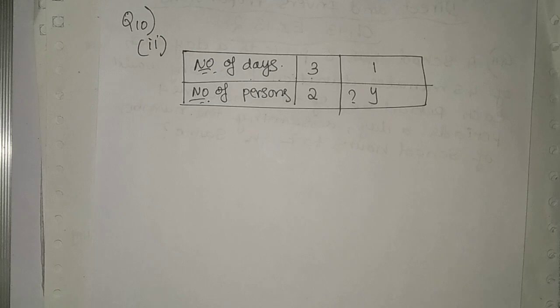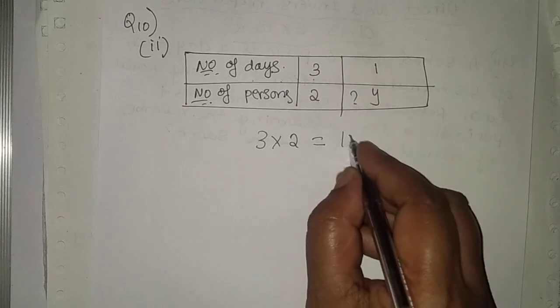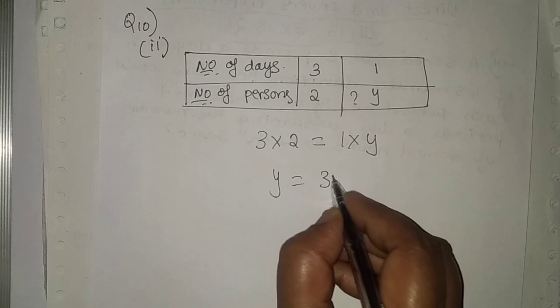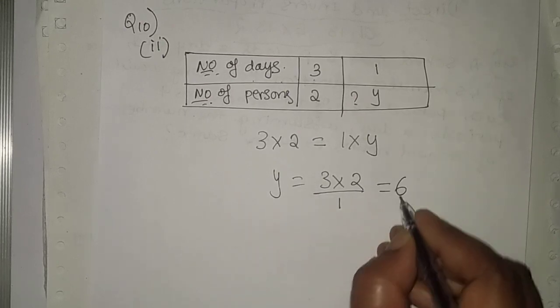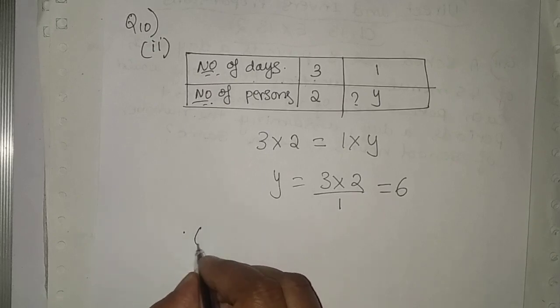So for this, 3 into 2 is equal to how much? 1 into y. Therefore, y is equal to 3 into 2 by 1. So therefore 6 persons are required to complete.